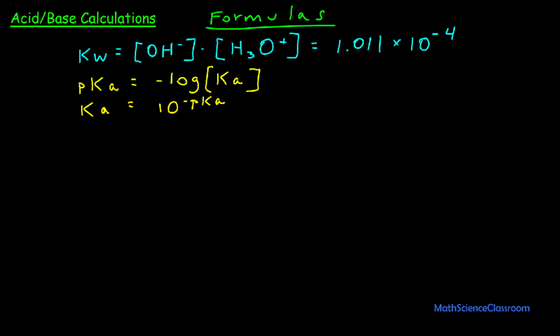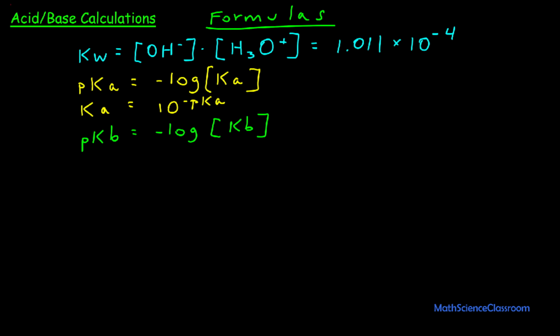We call this the acid dissociation constant. pKb, which is the base dissociation constant, equals the negative log of Kb.